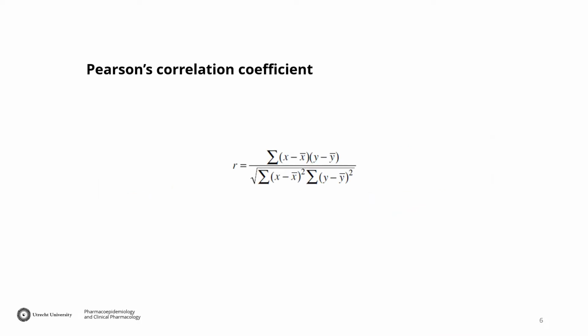And here, this slide is just to show quickly the formula for calculating the Pearson's correlation coefficient. So you would have two variables, x and y, and then you would have the sum of the difference between the different points and the mean for both the x variables and the y variables.